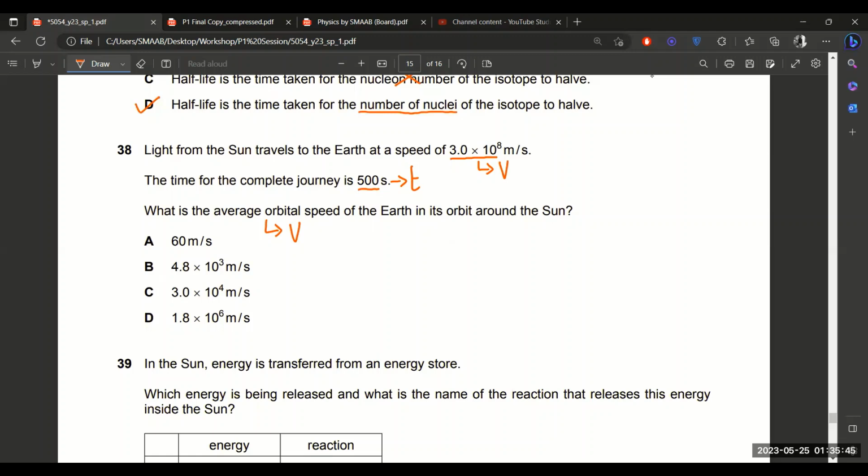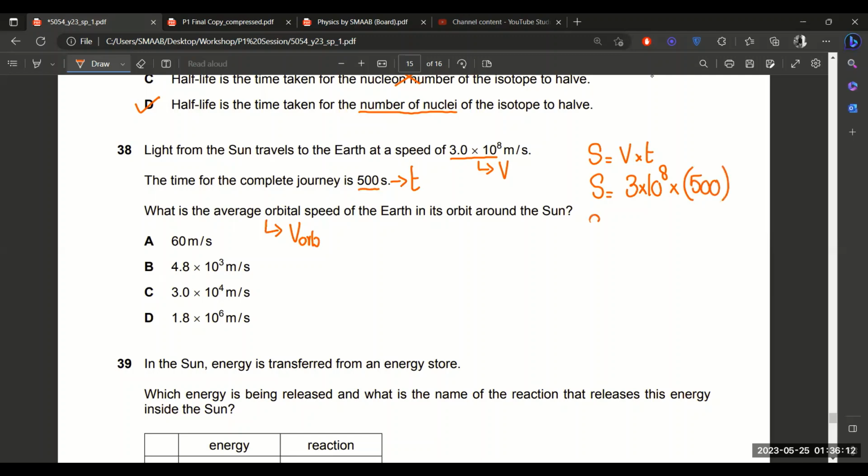You need to memorize the formula for the orbital speed. For orbital speed, we first need to find the distance between the sun and the earth. For distance, we know the basic concept, that is v multiplied by t. This velocity is different from the orbital velocity. So we use the formula of distance, that is 3 × 10^8 multiplied by the time, which equals 500 seconds.